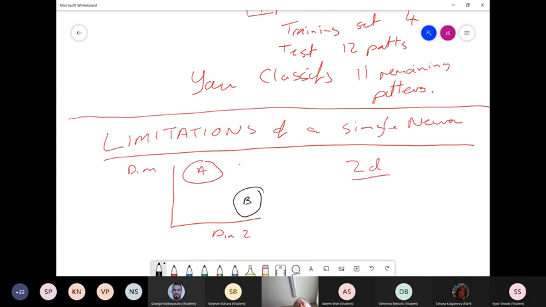In 2 dimensions, by inspection, you can see that will be solved by a single neuron, because a decision surface must go through the origin, and it would be defined by a weight vector. Again, it's not unique, but the weight vector would be at right angles to the decision surface.